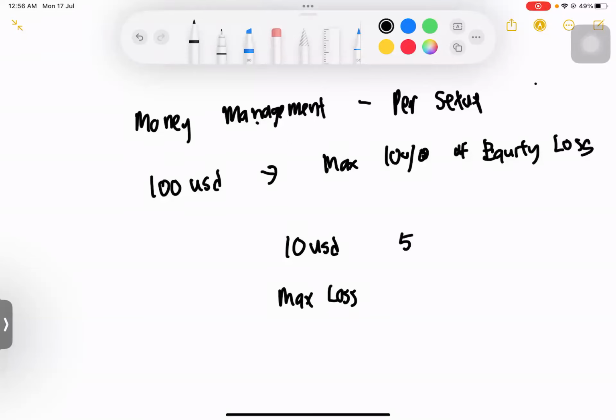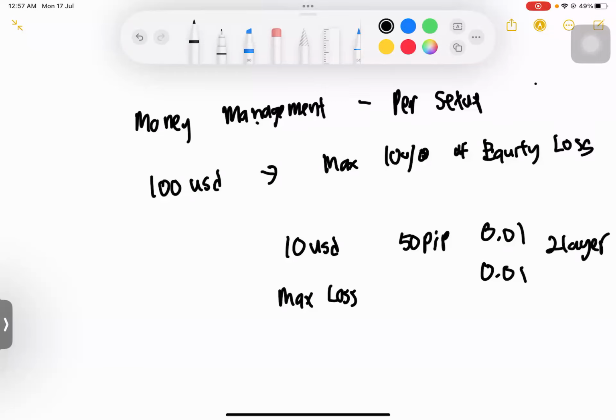We take the risk of 50 pips, $10. So you can use 0.01, 0.015, 0.02 only in total. In total you can have 2 lots only. This is for a $100 account. You can have a maximum of 0.02 only because we're taking the risk of 50 pips.